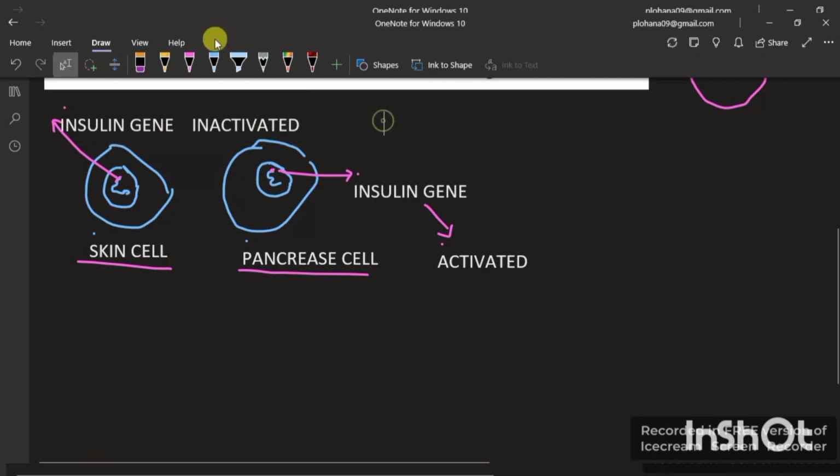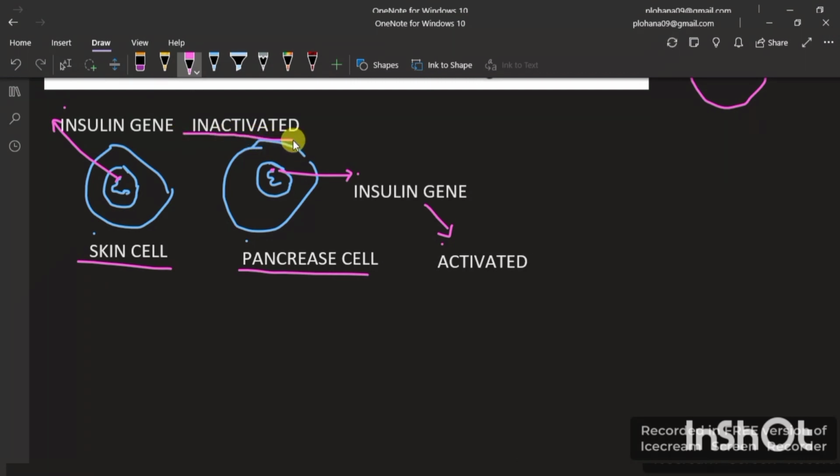Because of this, we have inactivation of the insulin gene in the skin and activation in the pancreas, and so different secretions in different cells.